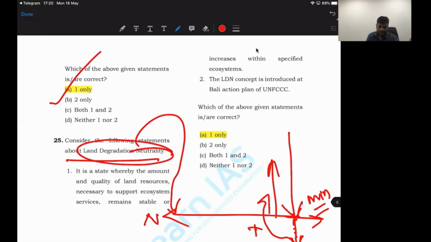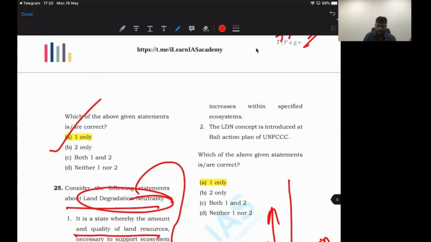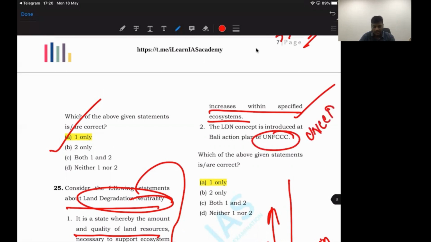It's a state whereby the amount and quality of land resources necessary to support ecosystem services remain stable or increase within specified ecosystems. This is the concept of land degradation neutrality. And it was not introduced at the UNFCCC's Conference of Parties but by UNCCD last year, 2018-19. So that is regarding the 25th one.